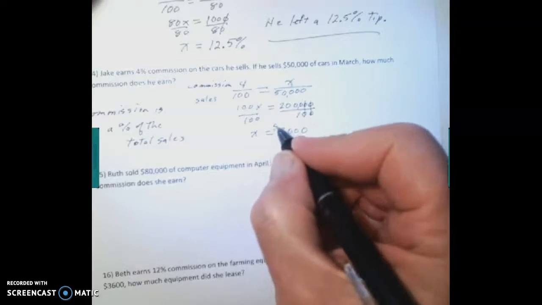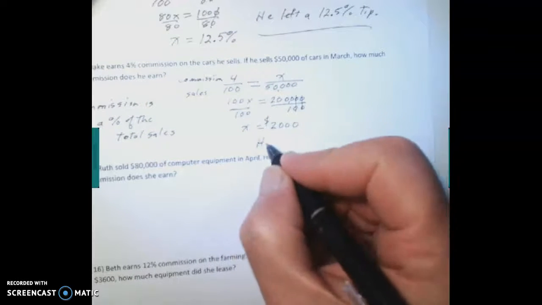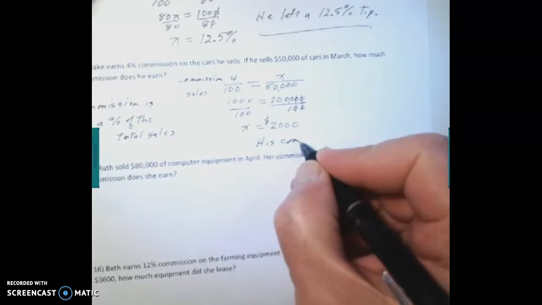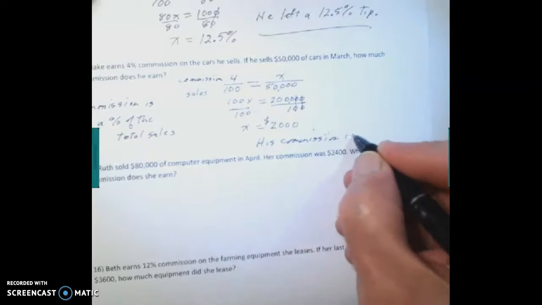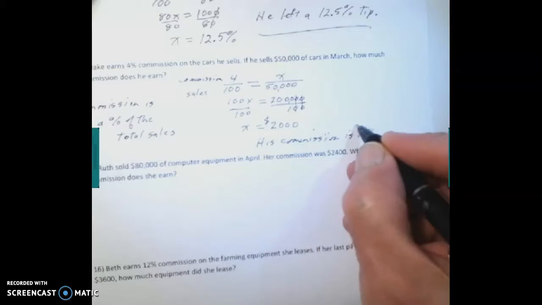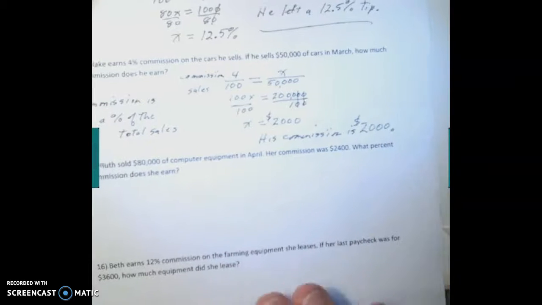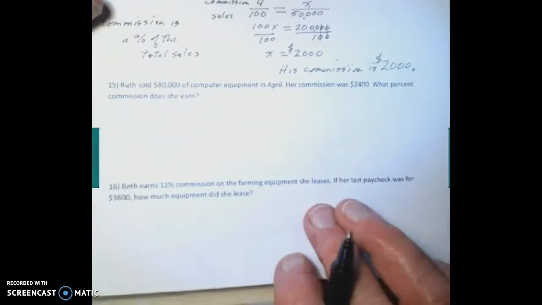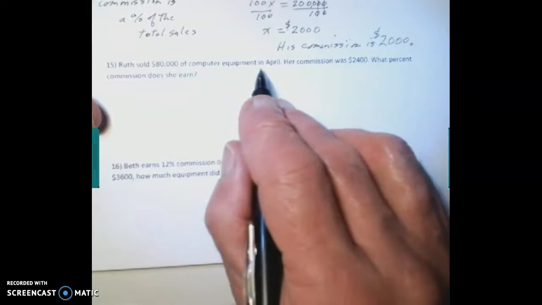And he's talking dollars now, so this is $2,000. I left off the dollar sign, $2,000.